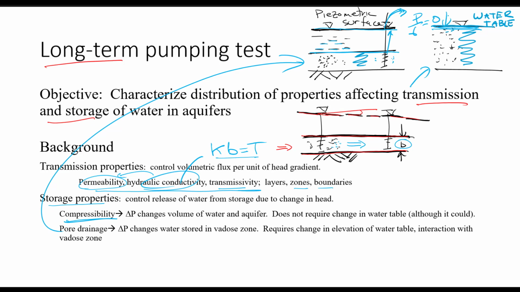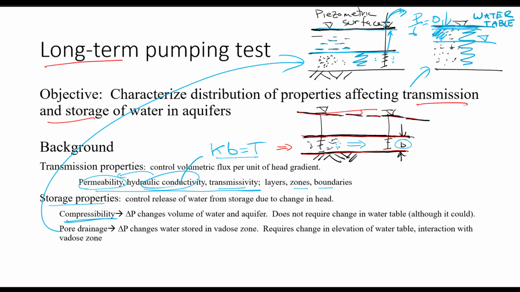It's atmospheric pressure at that surface. So what happens in this case is if we drop the water table to here, then these pores, which are saturated, may partially drain of water. The water that was in storage in these pores is removed from storage, and air enters these pores.